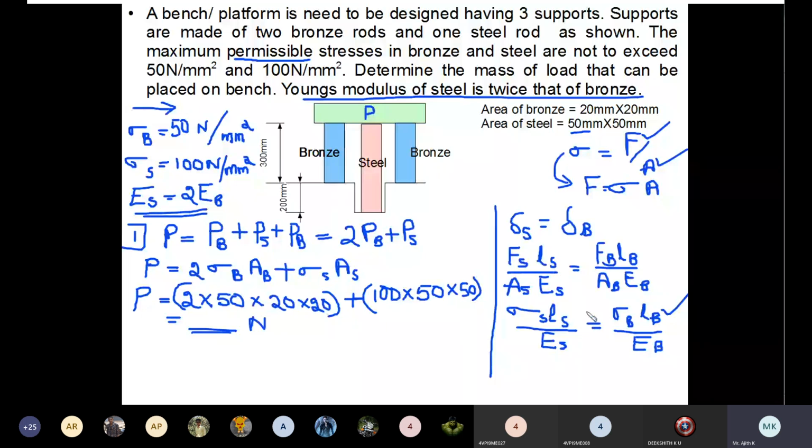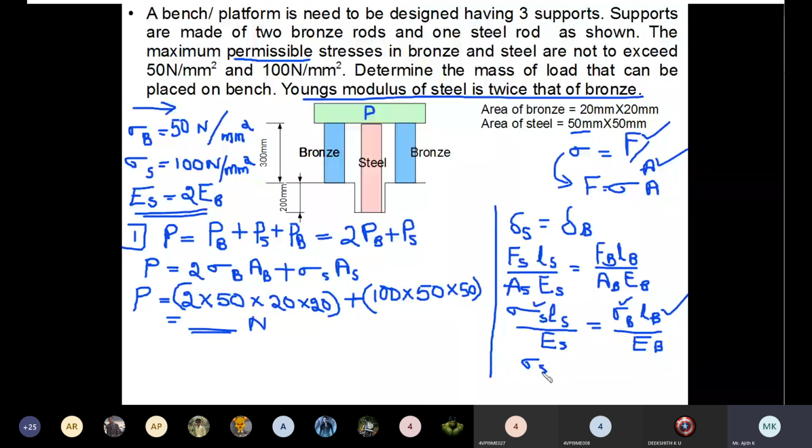So here what I will do is, in this equation, sigma S and sigma B are the actual stresses developed in steel and bronze, which are unknown, you have to find them out. Whereas 50 and 100 are the maximum permissible stresses. So we'll write it as it is: sigma S into length of steel.